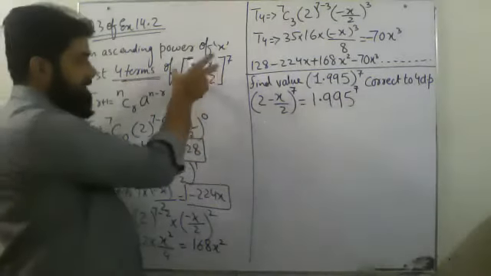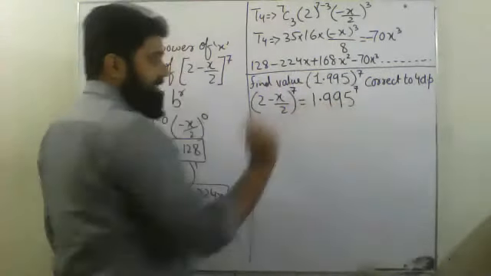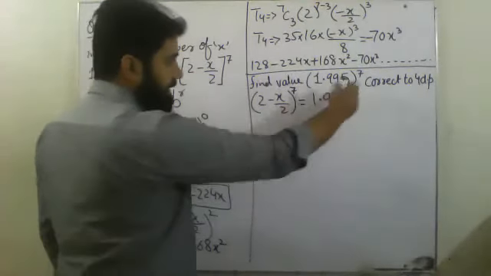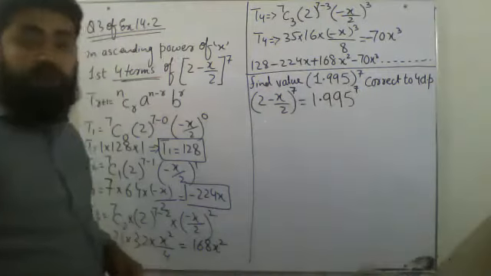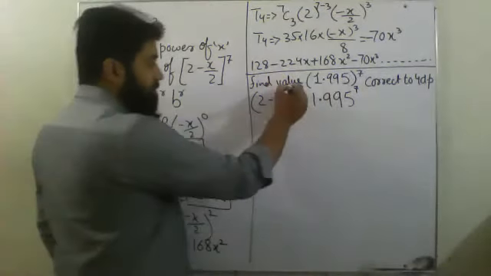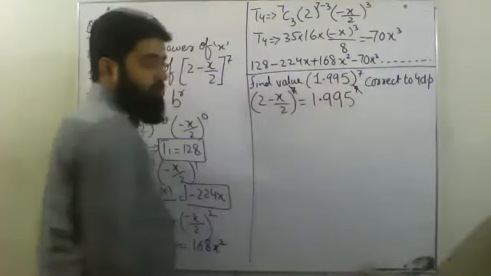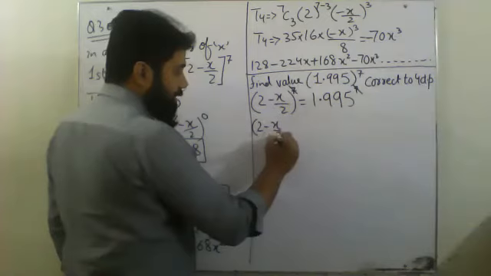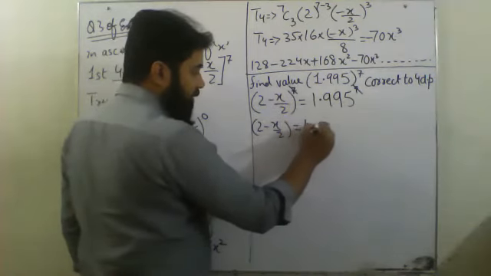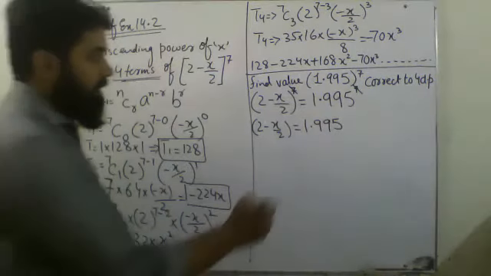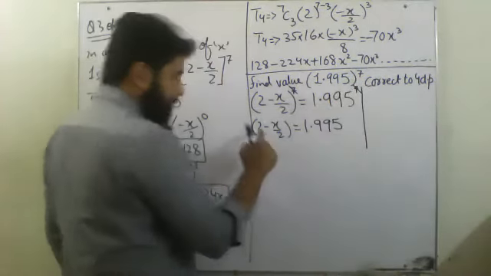So I'm saying this and this are the same, right? I have written this whole thing over here and this whole thing over here. Now power 7 and power 7 are there, so power 7 and power 7 will be removed. I will have (2 minus x) over 2 equals 1.995. Okay, that's what I have got. Now, what is the next thing I'm going to do?